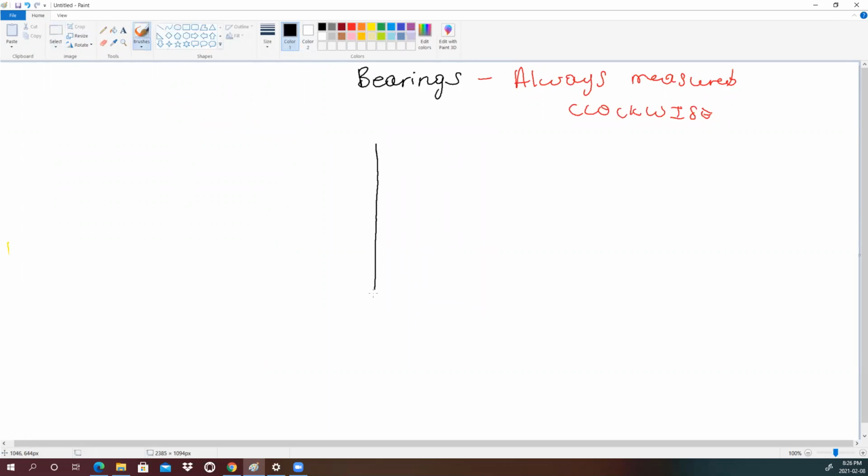Let me just draw back the compass. All right, so this is north, east, south, west. Now, between all of these are 90-degree angles, right?